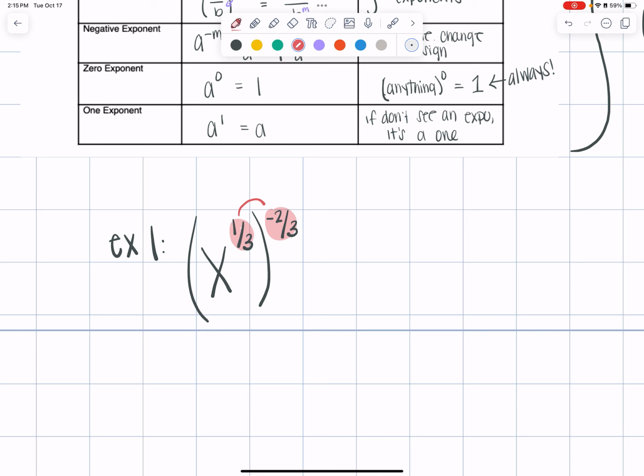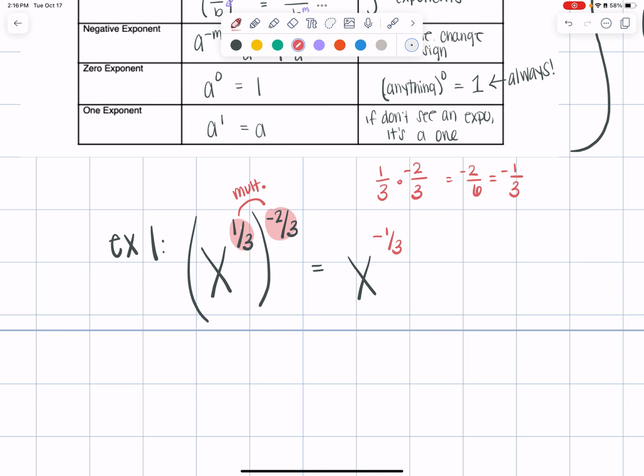So I'm going to multiply 1/3 times negative 2/3. And that is going to give me negative 2/6, or that reduces down to negative 1/3.